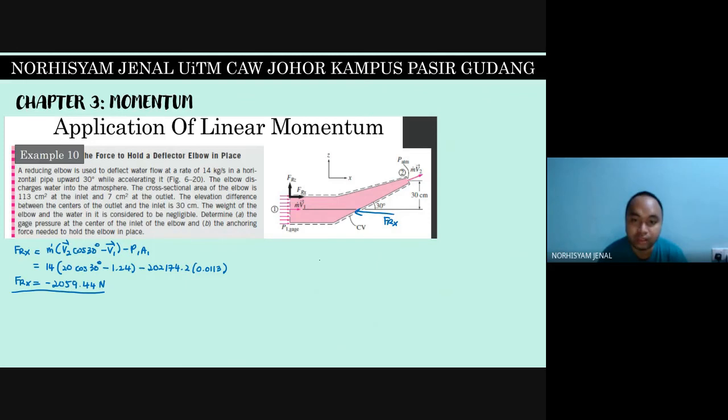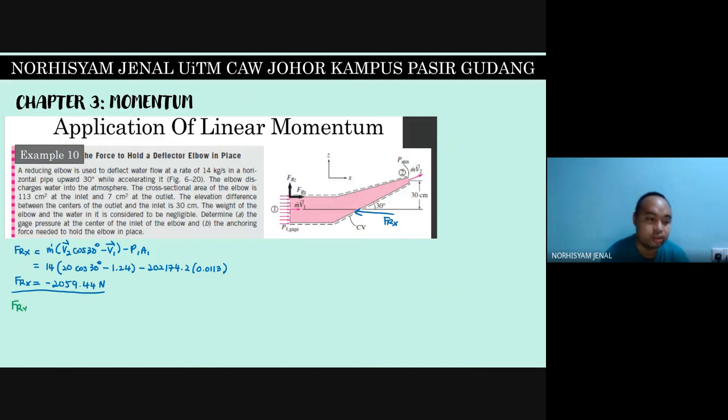Okay, to hold the elbow from moving to the right, we need a force acting to the left. Faham maksudnya? Air lalu kat sini, jumpa dengan body ni, dia akan hit the body, body tu akan ada tendency untuk pergi ke kanan. Okay, so kita perlukan counter force to elakkan body tu tadi gerak ke kanan. So the FRX should be in a negative answer like this. Clear? Okay.